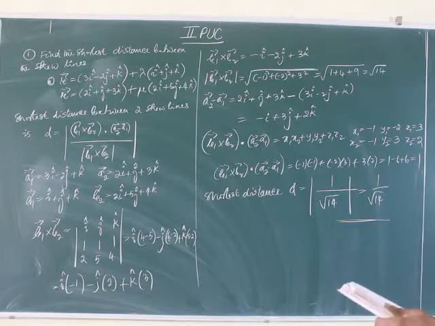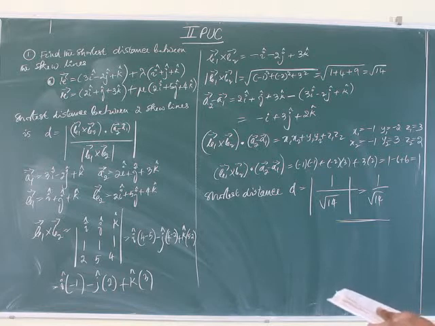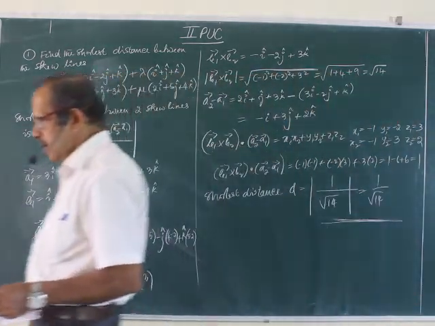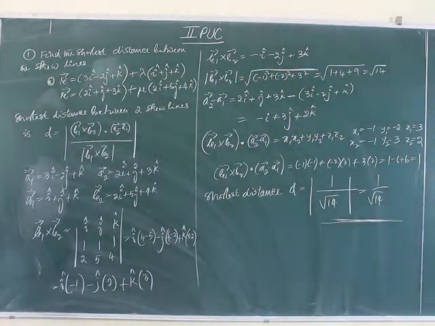Modulus is 1 plus 4 is 5, plus 9. a2 minus a1 is minus 1, 3, 2. Dot product is 1 plus minus 6 plus 6. Everything is correct, no doubt. 1 by root 14. Go to the next problem.